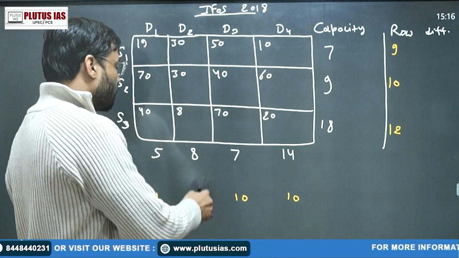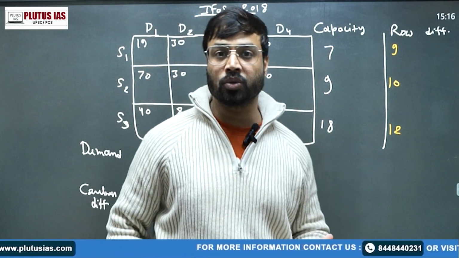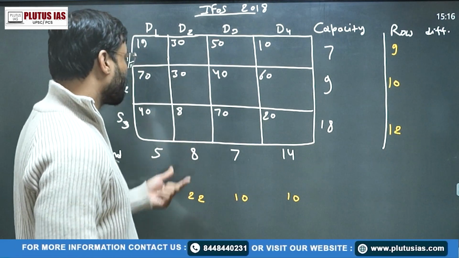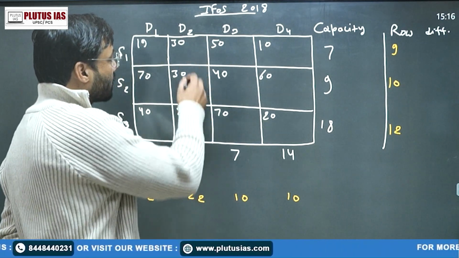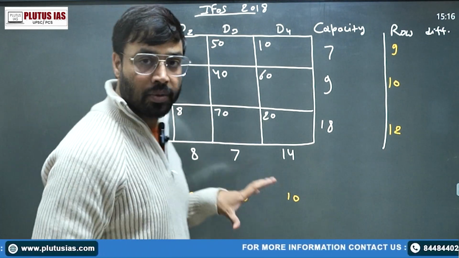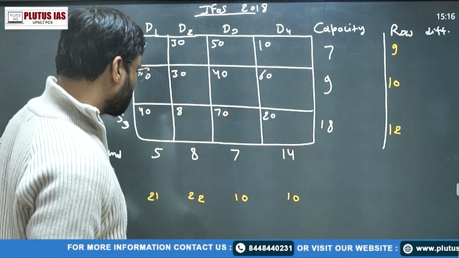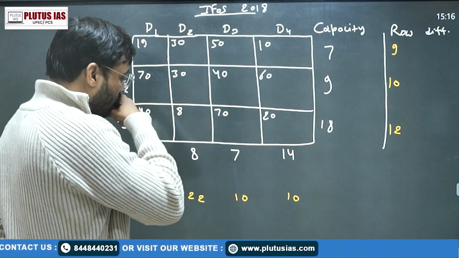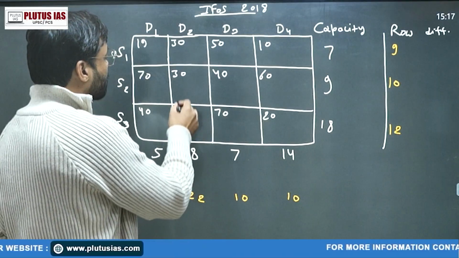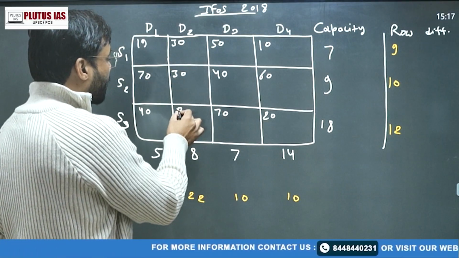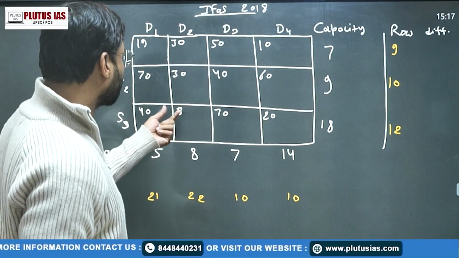That means in this column we are getting the maximum penalty, so we have to choose this column and allocate the maximum possible value in this column. So now after getting this column, check which one is the minimum cost in this column. So 8 is the minimum, so allocate as much as possible.